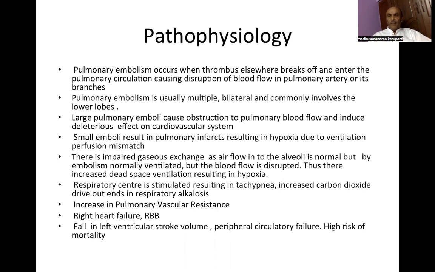In these situations, when you do the ABG, PCO2 is low and pH is elevated, indicating respiratory alkalosis. But the red flag signs of pulmonary embolism include increasing PCO2 with increasing hypoxia and respiratory acidosis, which indicates impending respiratory failure due to obstructive shock.